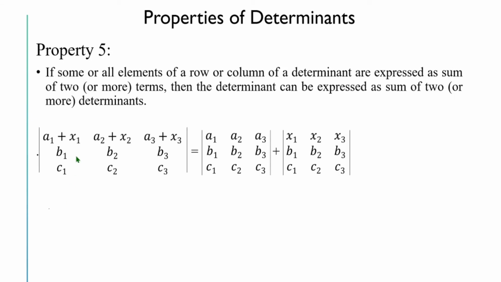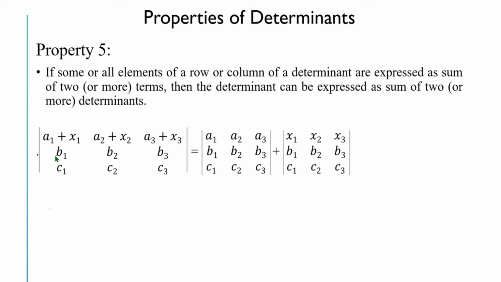Then the next property is if all or some elements of a row or column of a determinant are expressed as the sum of two or more terms, then the determinant can be expressed as the sum of two or more determinants. Say for example, here the first row is a1 plus x1, a2 plus x2, a3 plus x3.